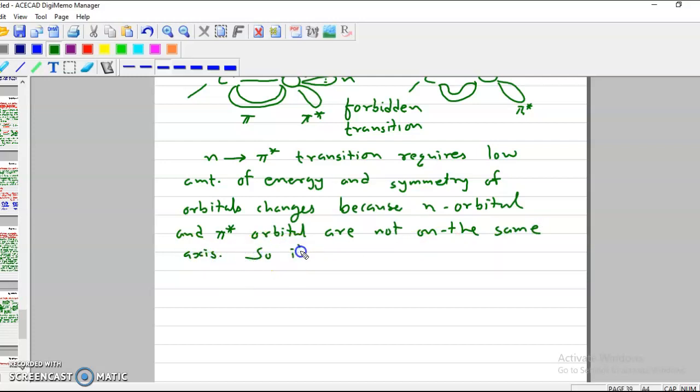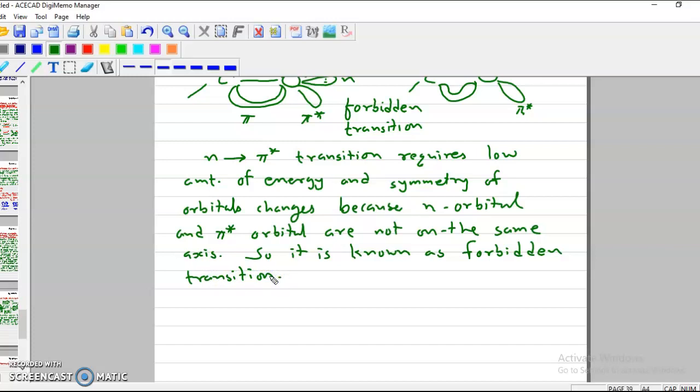So it is known as a forbidden transition. I will explain in detail what is a forbidden and allowed transition in the next lecture.